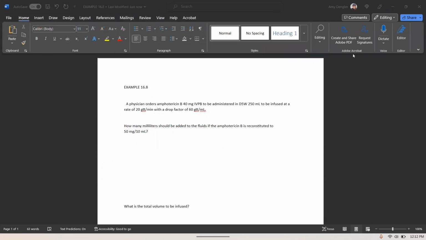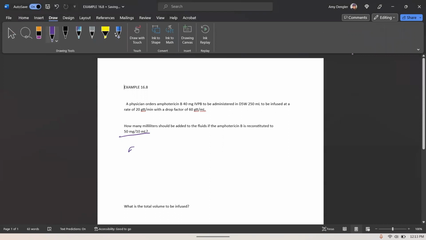Example 16.8, a physician orders amphotericin B 40 milligrams IV piggyback to be administered in D5W 250 ml to be infused at a rate of 20 drops per minute with a drop factor of 60 drops per ml. How many milliliters should be added to the fluids if the amphotericin B is reconstituted to 50 milligrams per 10 ml? All right, so we're going to use this part of the problem for one part of our proportion.